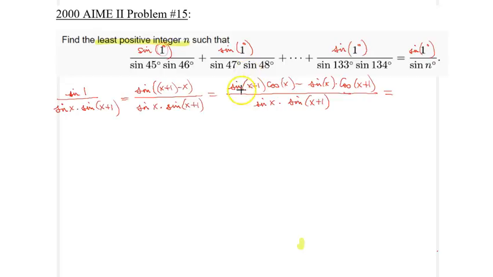Now when you focus on the first component, the sine of x plus 1 would cancel out. We would have cosine x over sine x, which is simply cotangent x, minus, and here the signs will cancel out, cosine of x plus 1 divided by sine of x plus 1, which is simply cotangent of x plus 1.